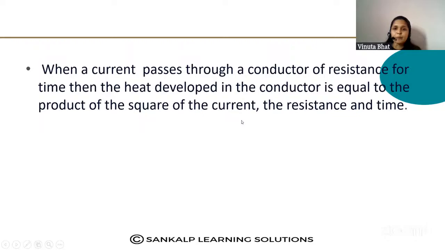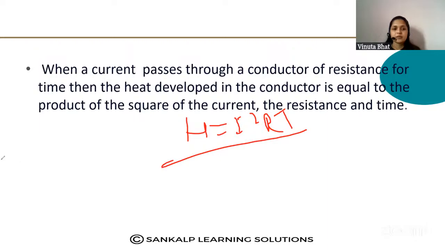When a current passes through a conductor of a resistance for a time, then the heat developed in the conductor is equal to the product of the square of the current, the resistance and time. So you already know the formula, H is equal to I square R T. That is Joule's heating law.